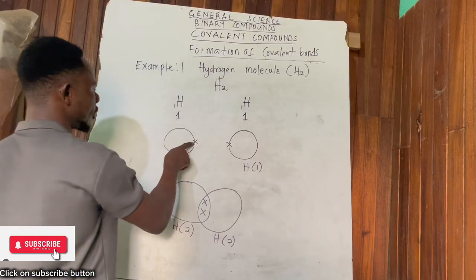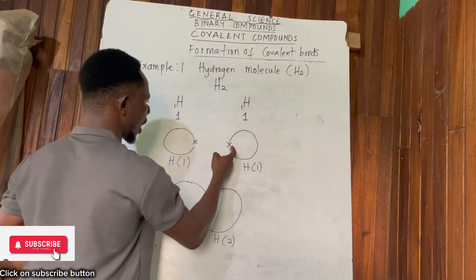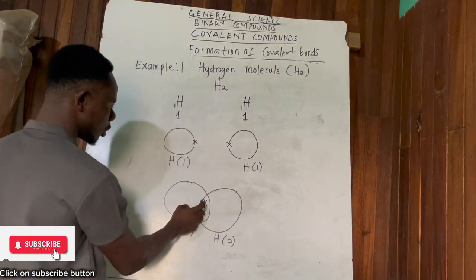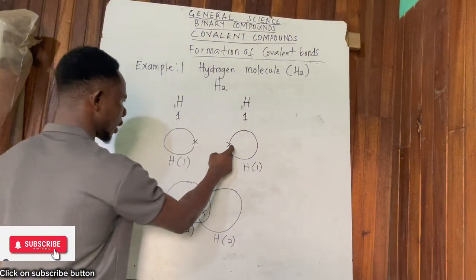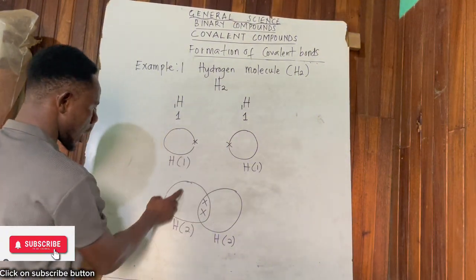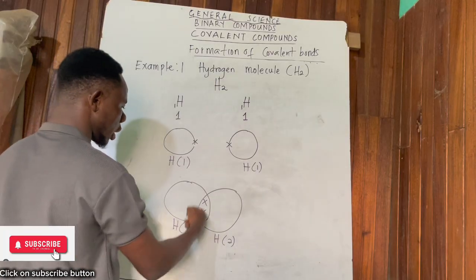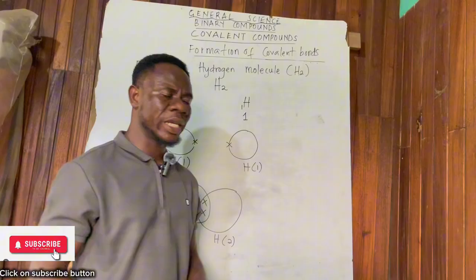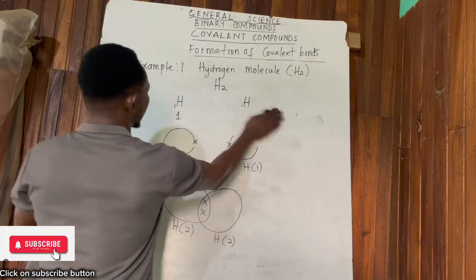So hydrogen shared 1, and the hydrogen here also shared 1. They join together. This one is for this and this one is for this. Then you're going to get the first hydrogen as 2 and the next hydrogen also 2.